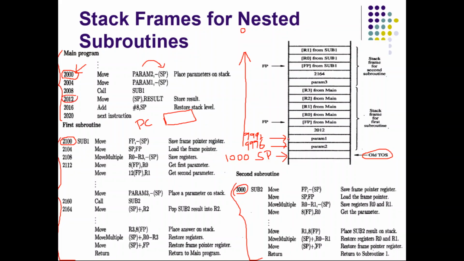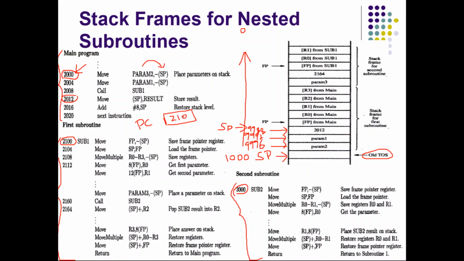So SP is decremented and then 2012 is pushed into the stack. 9992 minus 4 is 9988. So now the stack pointer is pointing here, and PC now becomes 2100.